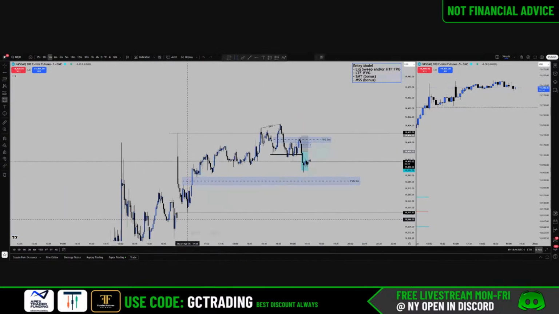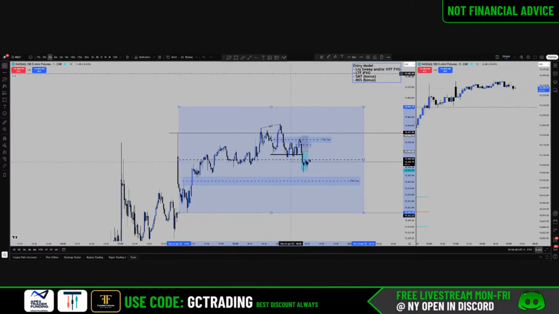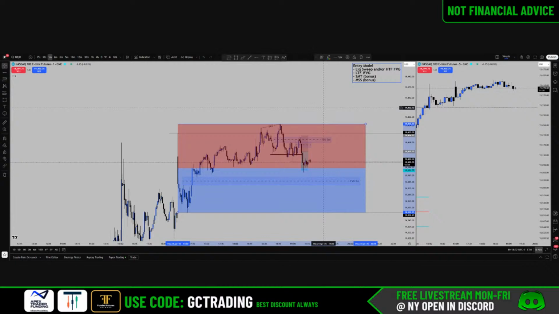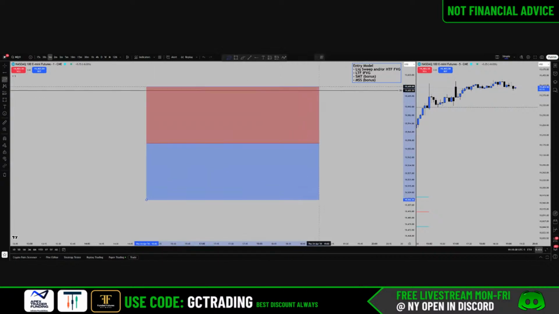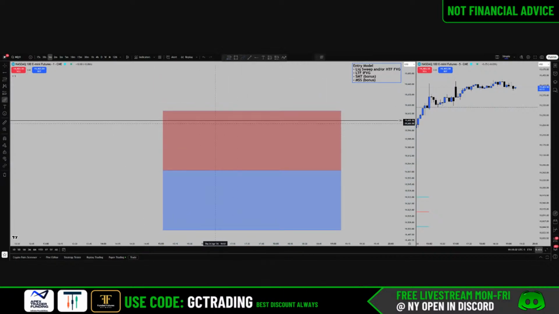Yeah, this is kind of how I've been using it recently. Oops, wrong tool. Just been going like this. So what I do is, for the most part, there are some exceptions, but for the most part, I want to short in premium. This is premium. The red zone is premium, so I want to short in premium, and I want to buy in discount.